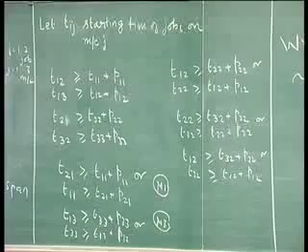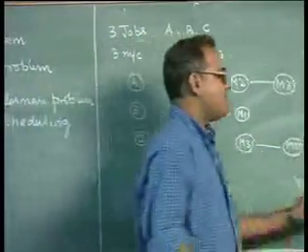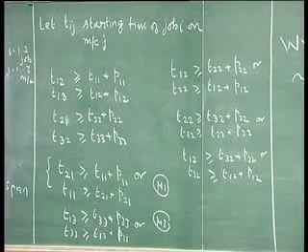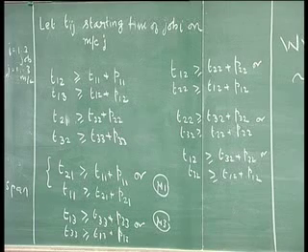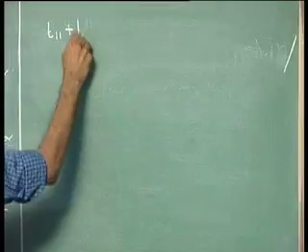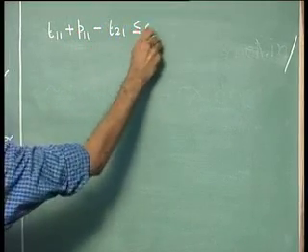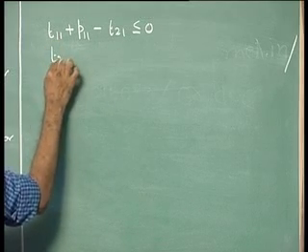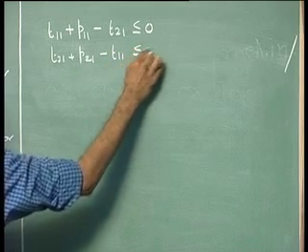Right. How do you model this? Now, this is where the integer programming comes in. We will just look at one of these, we can similarly model the rest of them. If you take one pair, what you first have to do is write this in this form. If we take the first constraint, this is written as T11 plus P11 minus T21 less than or equal to 0, and T21 plus P21 minus T11 less than or equal to 0.